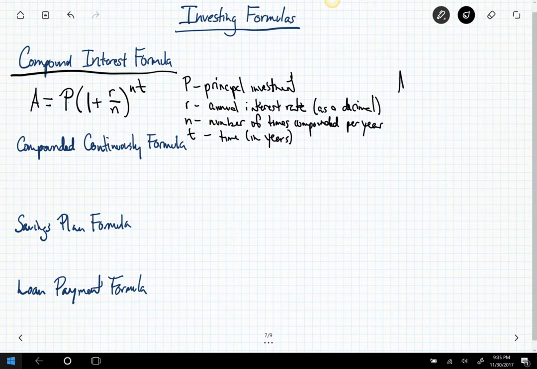And A is the final amount after t years.